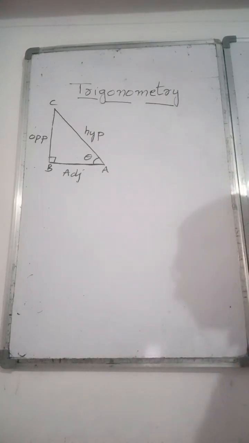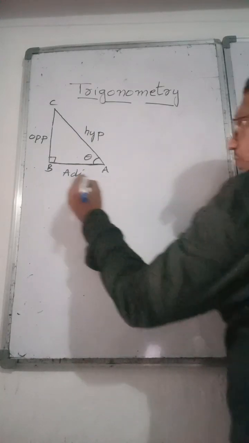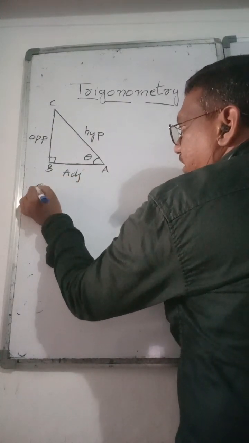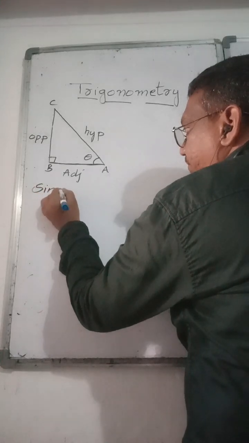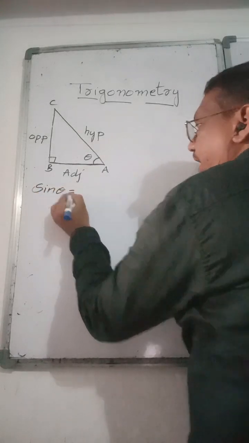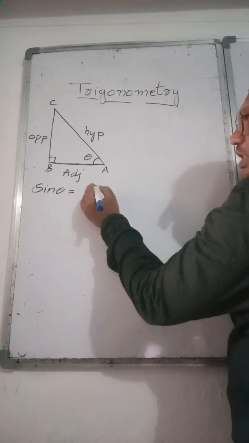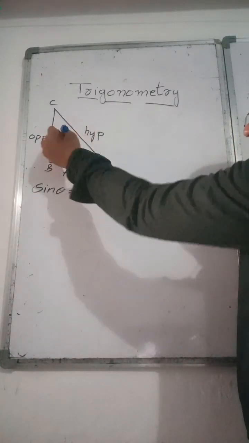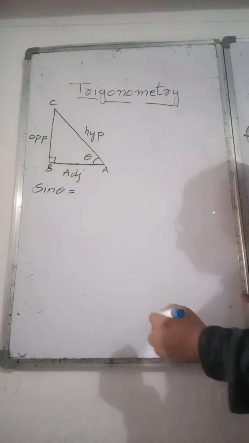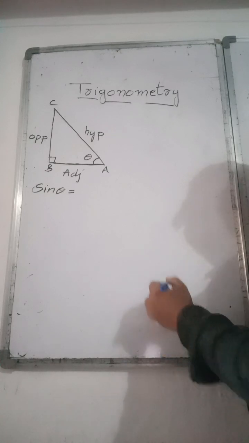There are 6 ratios which we have to remember. The first one is sine theta. The full name is sinus theta, but in the short form we say sine theta. The ratio of sine theta is the ratio between the sides of this right angle triangle.